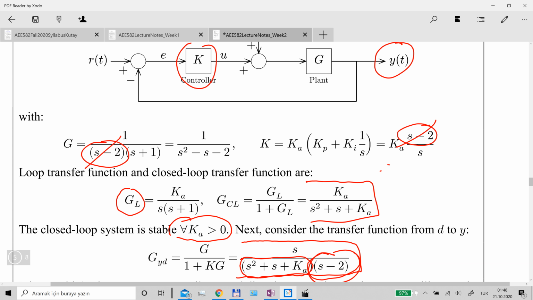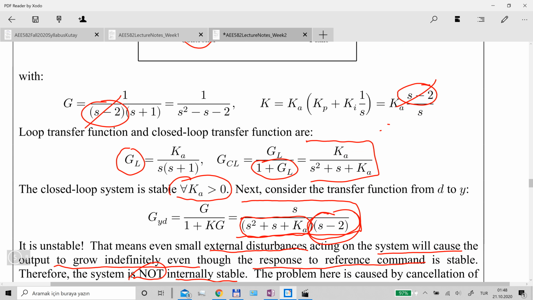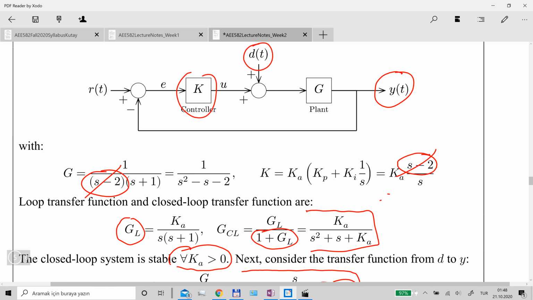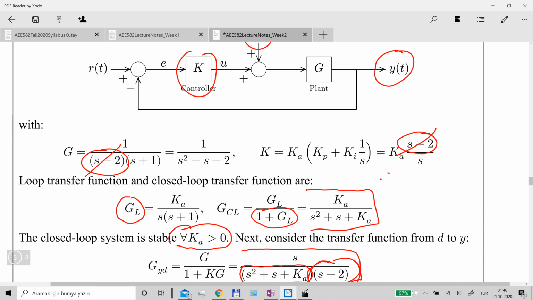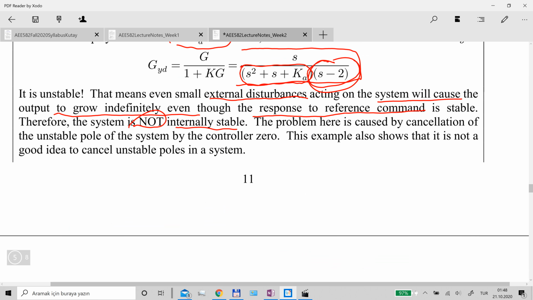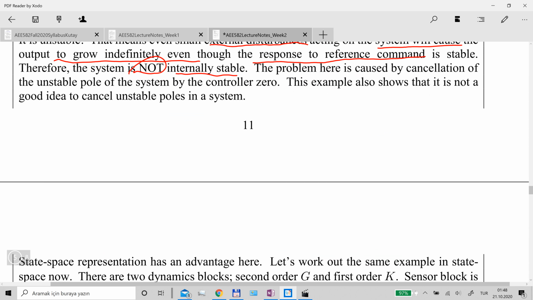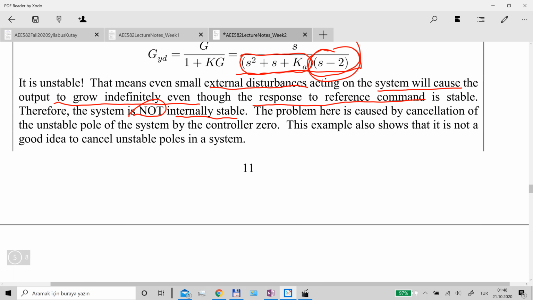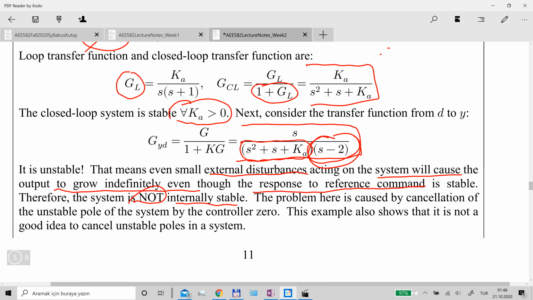That's why you don't see that unstable pole in the closed loop characteristic equation. However, that unstable pole still exists in the transfer function from the external disturbance to the output of the system. So this example demonstrates that transfer function representation may hide some internal dynamics in the system.